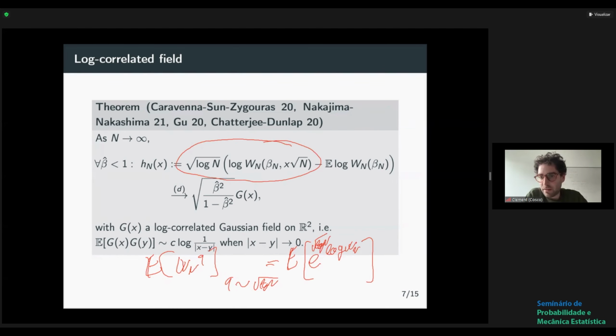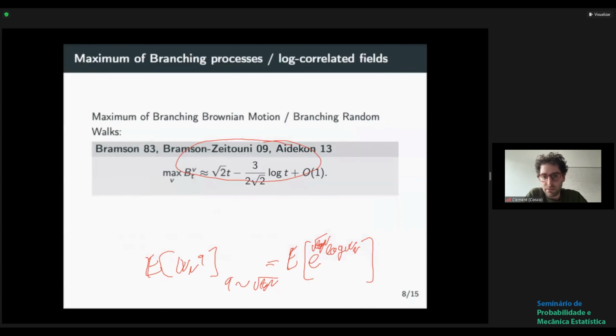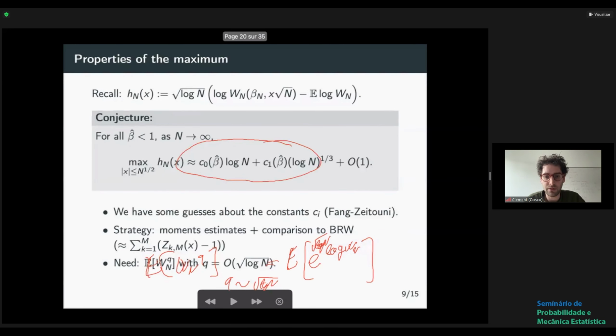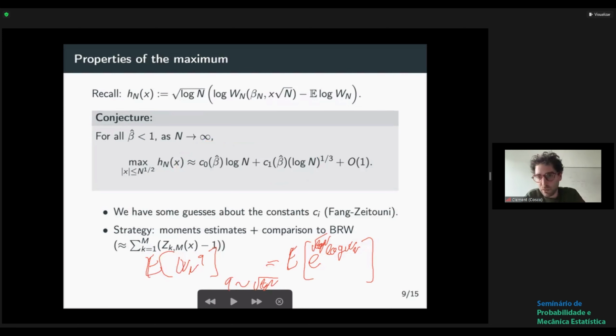So it's quite unusual, I think, in the field of polymers, to compute this. Usually we do moments of partition functions. What we can do is something like the second moment of the partition function. Sometimes we can do the third or fourth moment, but usually they start to blow up before you actually reach the critical values, so they don't give much information.